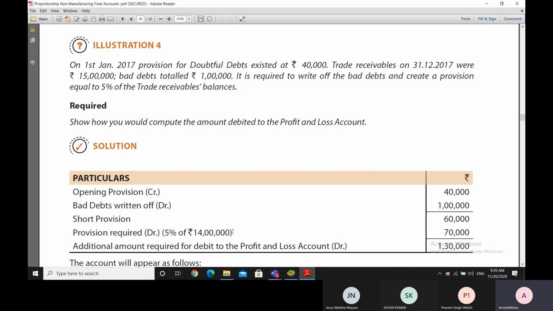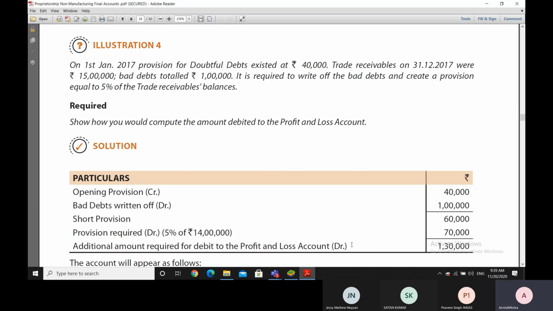So we need a provision of 70,000 rupees to be kept in our accounts at the end of the year. So at the end of the year, we should have a 5% of 14 lakh provision in our account.